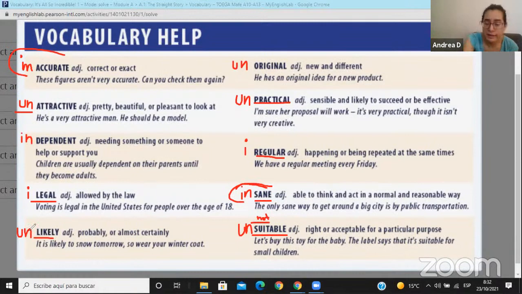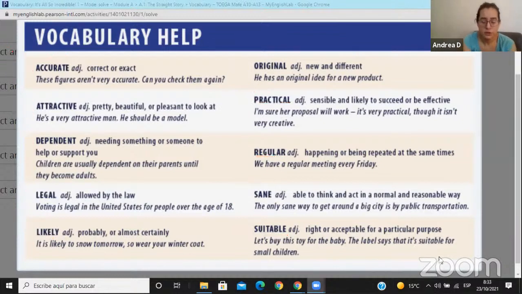Illegal as well, unlikely, unoriginal too. Unpractical, not that much. I think it's better to say not practical. Okay, any questions? No, it's clear.